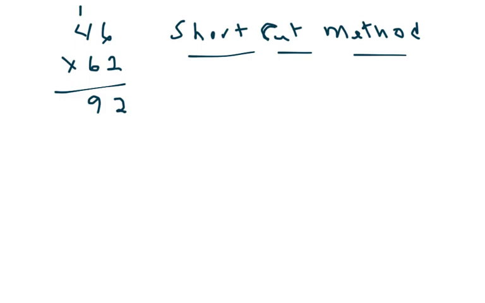What we did with the expanded form was 2 times 6 is 12, 2 times 40 is 80. So look at that. What I did was carry this 1, the 10, over and add it to the 8 and got the 92. Because that's exactly what we'd do if we did 12 and 80, we'd get 92.